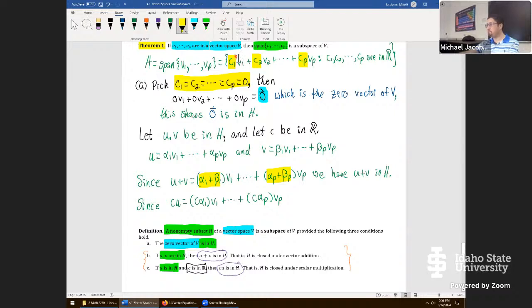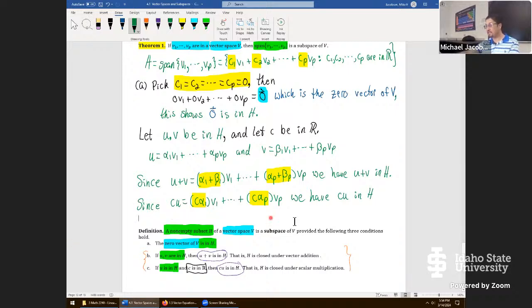We check the format, but it's the same kind of format. We just have a different scalar there, a different scalar there to match up the spanning definition. So we can say next, since we have this format, we have C times U in H, and our work is finally done.